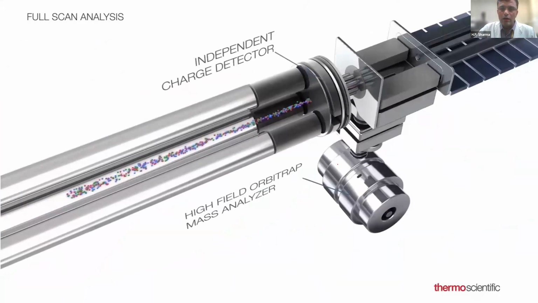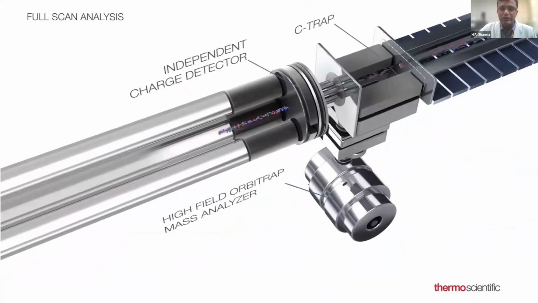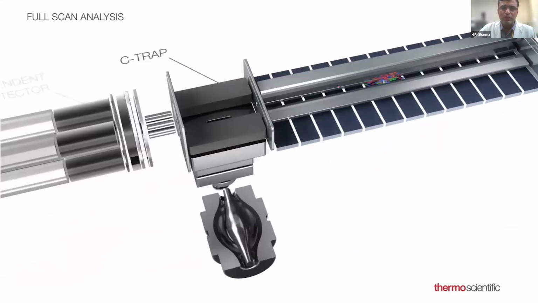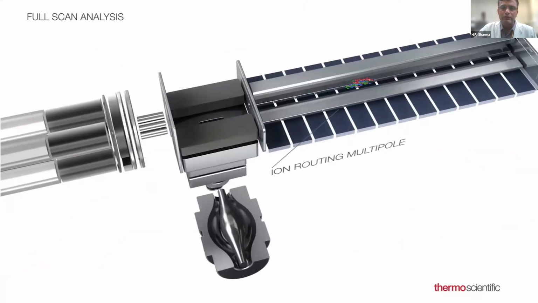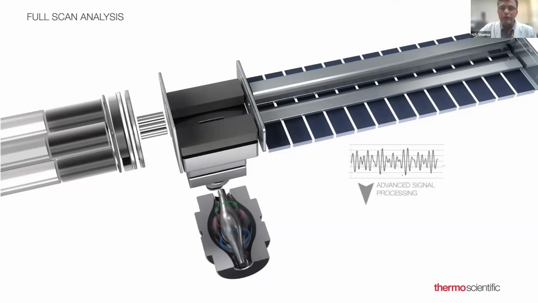And now this is the heart of the instrument, the Orbitrap, where the charged ions will be entering, and they will be rotated at very high speed in this circular motion, and there will be a separation in the horizontal as well as the vertical axis, and you will get very good resolution power.